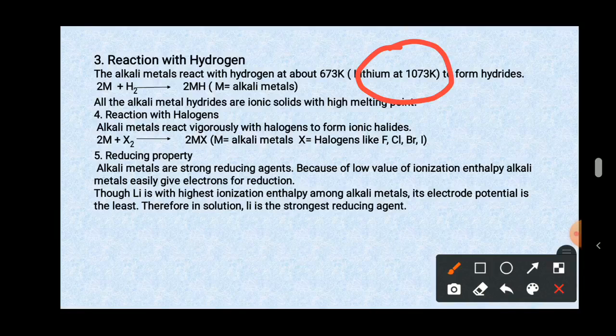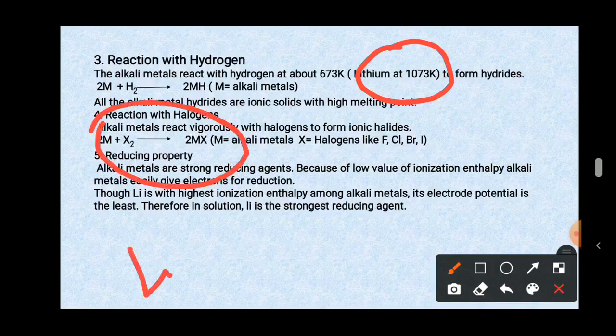Now reaction with the halogens. Alkali metals react vigorously with halogens to form ionic halides. Here you can see the general formula I have written. M is the alkali metal, so MX is formed.